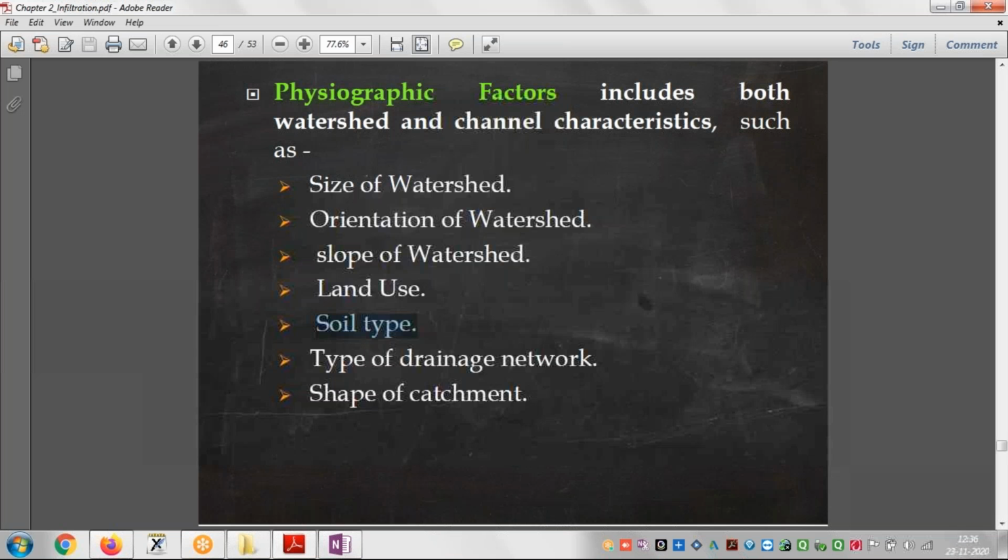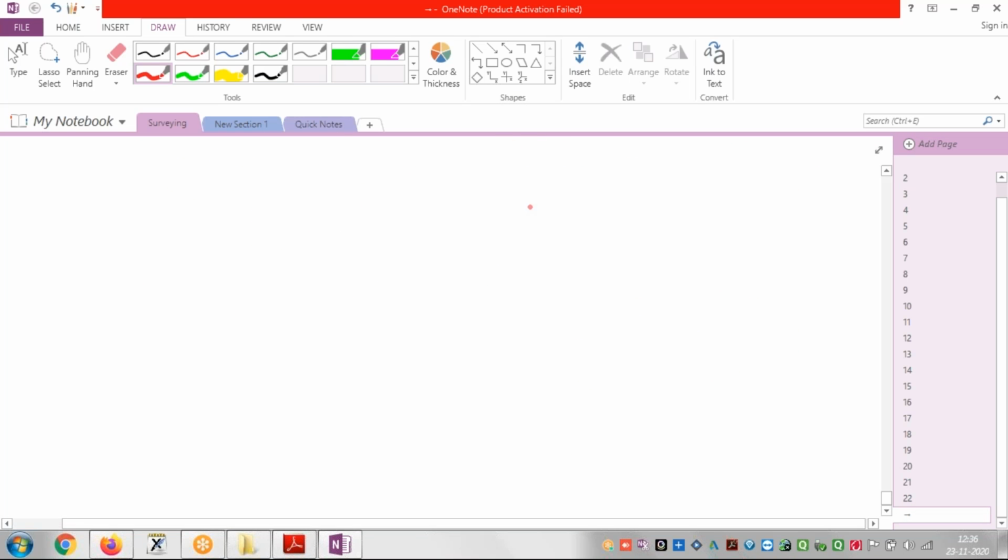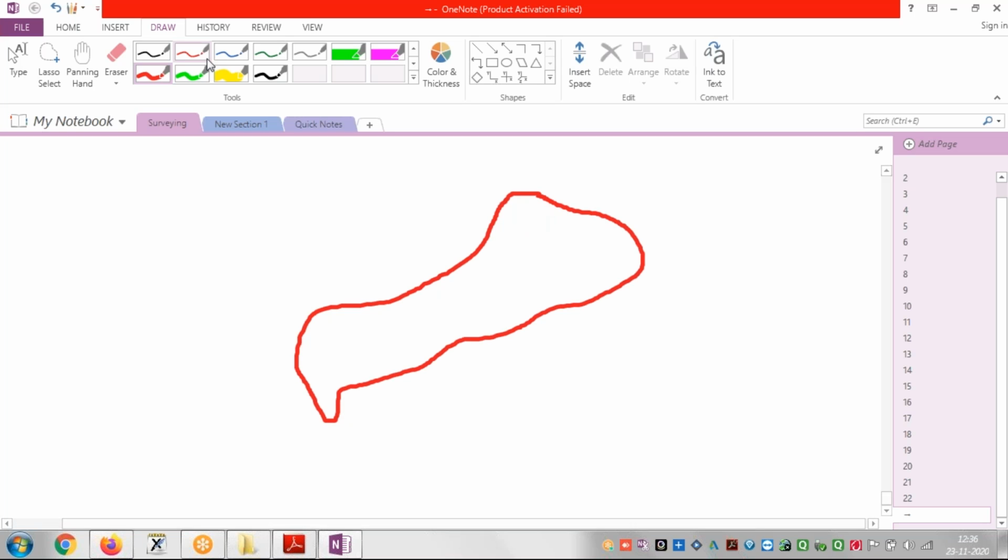Now next, what is the type of drainage network? Drainage network means what? See, suppose this is the map of Oman, and here you will observe that rivers are very, very few, meaning drainages are very few. This is a drainage or river.